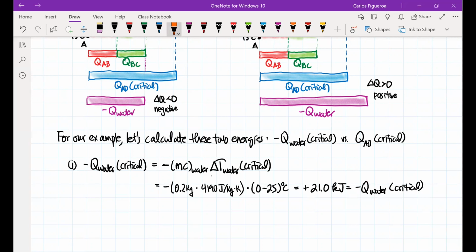So this is the critical point right here.